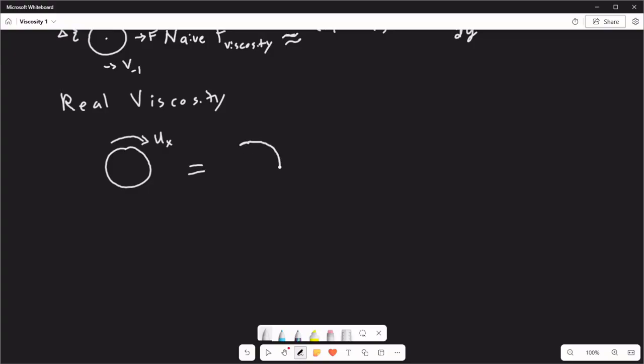So there's this component, which basically has a spin on it, and this could be added to another component that looks like this.